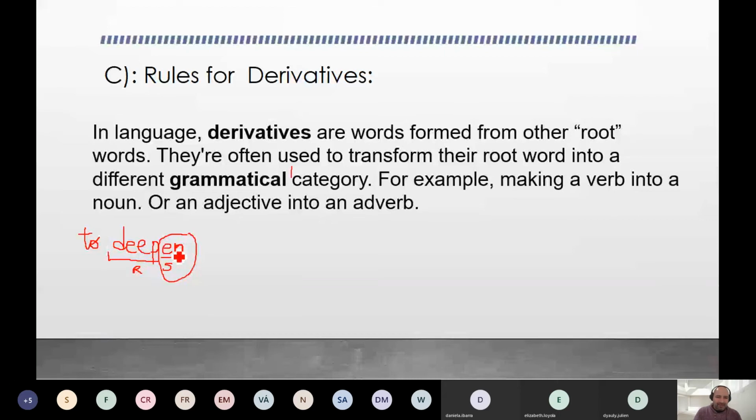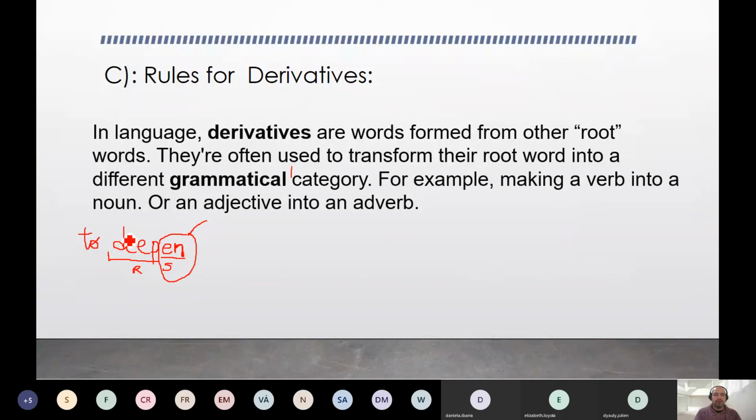Now, sometimes when you add a suffix, the pronunciation may change, meaning the stress may shift from one syllable to another syllable. Or sometimes there could be no change at all. The same stressed syllable remains stressed, or remains the most prominent syllable.